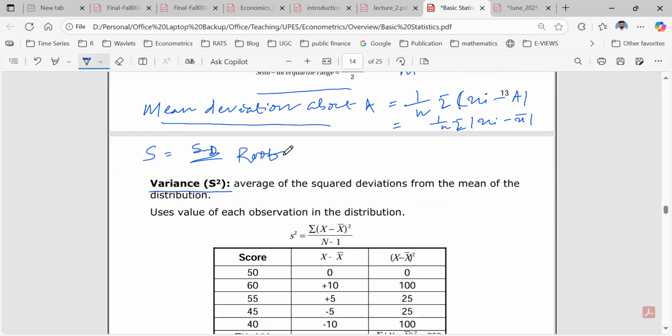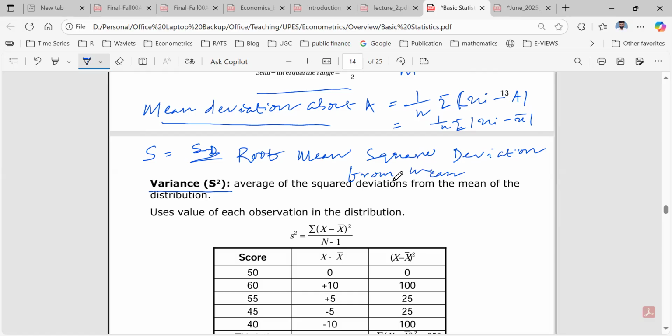No, you have to write root mean square deviation from mean.